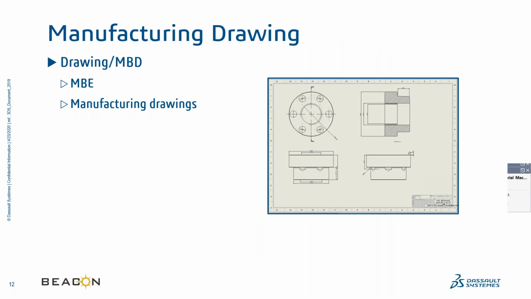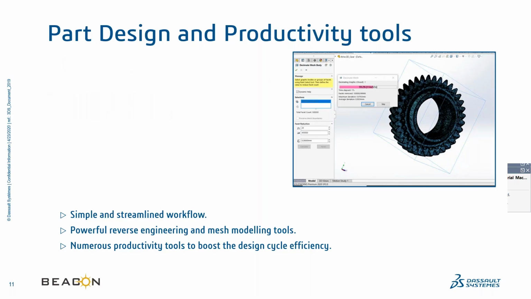Moving on with the part design and productivity tools. We have a lot of productivity tools, where whenever you are creating any surface component, you can do the thickness analysis or undercut analysis, and you can be sure of what you are creating. Before even going to manufacturing and finding out any defects, and then coming back to the design part, you can directly use some basic analysis tools.